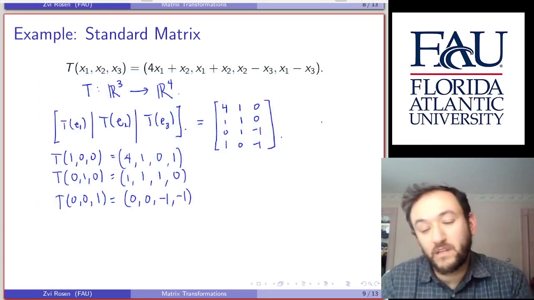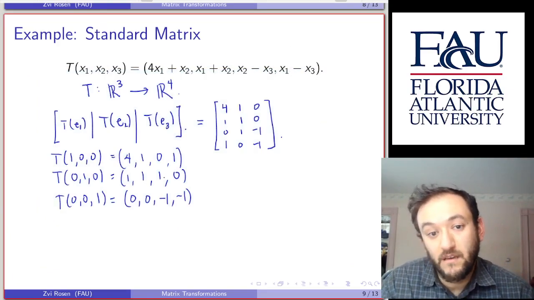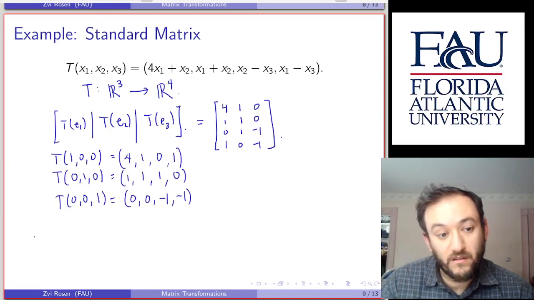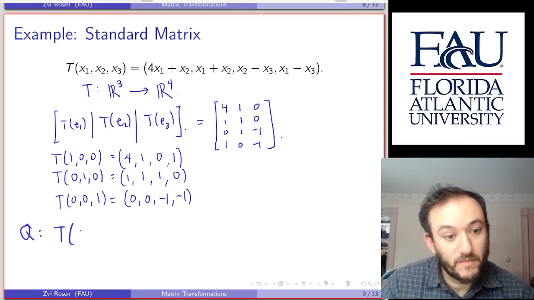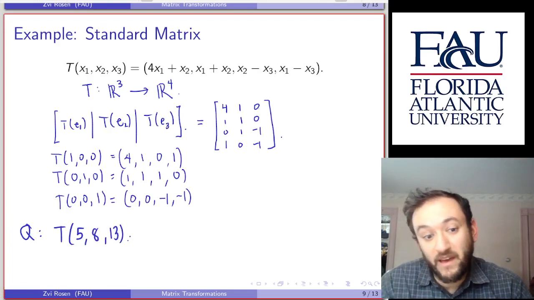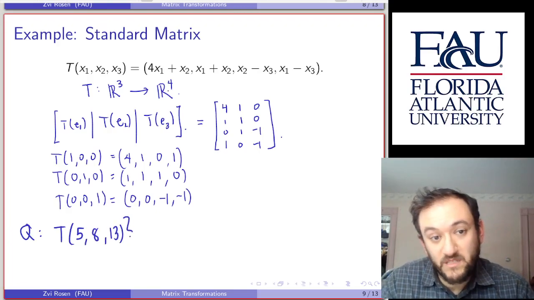So let's say I wanted to know what the value of T was on the vector, let's do 5, 8, 13. One way to go about that would be to plug it into the original formula.